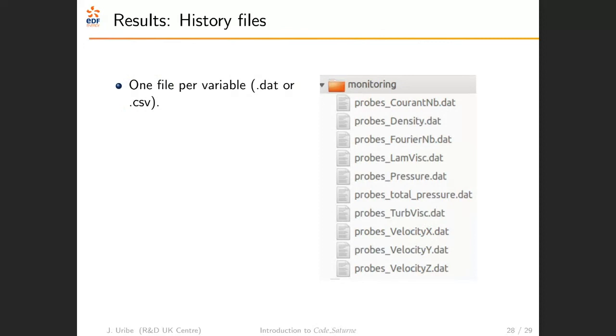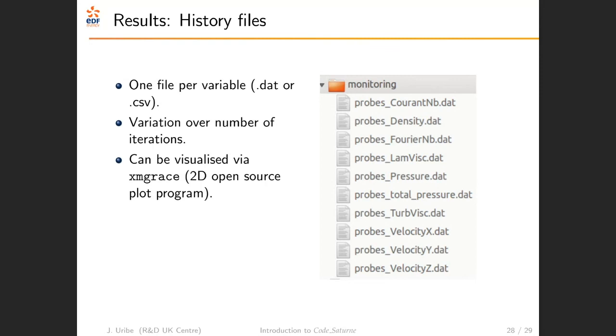Your history files, or your monitoring files, are set up also per variable. You can select which variables you want to monitor, and you select how many points you want to monitor as well. So each file will have the values of that variable at each iteration or each time step.